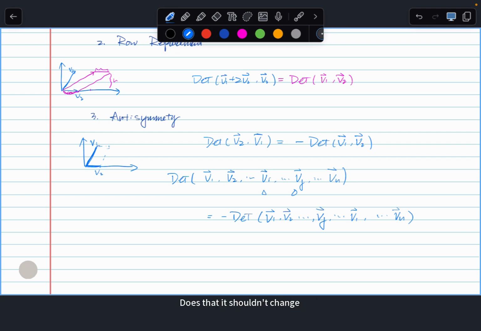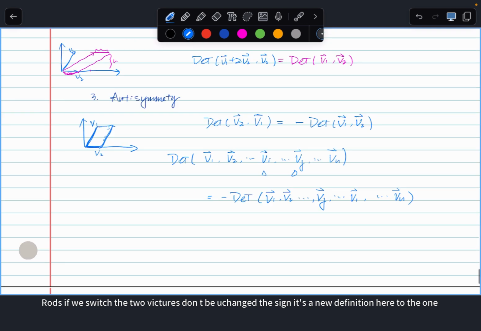It shouldn't change the area or the volume. Right. It doesn't when we talk about volume normally, but we define a sign for the volume. So in our definition, if we switch two vectors, then we change the sign. It's a new definition. Oh, okay. Yeah, to the volume.